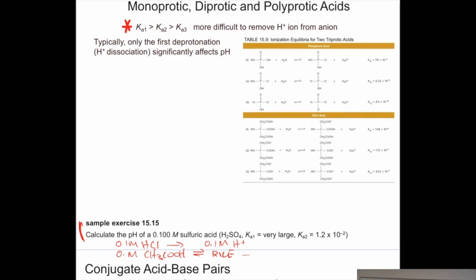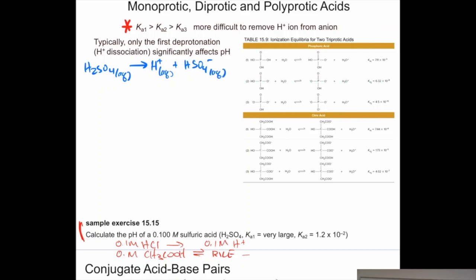Let's treat these as what I call deprotonations, or the loss of the first hydrogen ion. That's going to look like this: H2SO4 in aqueous solution. The first one is lost 100%, so I'm going to have a solid arrow going to the right, and that's going to give us hydrogen ions in aqueous solution plus the hydrogen sulfate ion in aqueous solution.